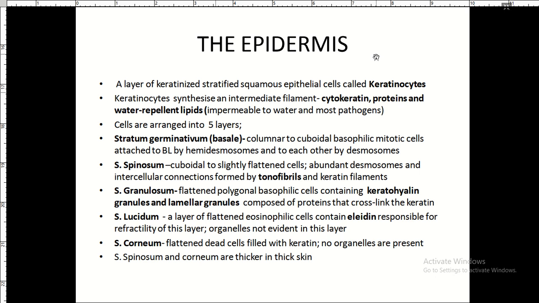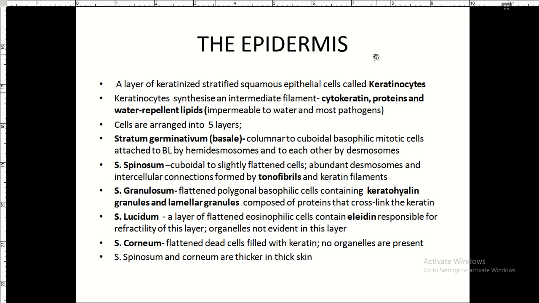These cells sit on the basal lamina by hemidesmosomes, and they attach to one another by desmosomes. Why do we need desmosomes in the skin? Because the skin is exposed to a lot of abrasion and pressure. So it needs strong junctional complexes to bind the cells together. You understand? Good. So that's your stratum germinativum.